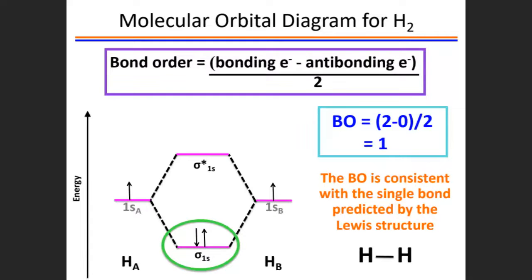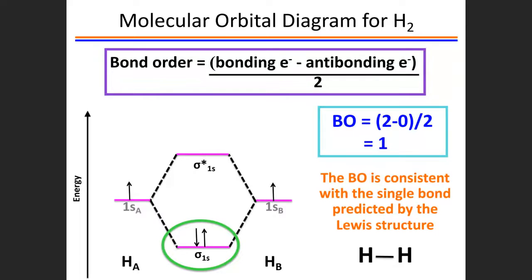Now this is for hydrogen. In the case of hydrogen, we have 2 bonding electrons. If you look here, this is called the molecular orbital energy diagram.